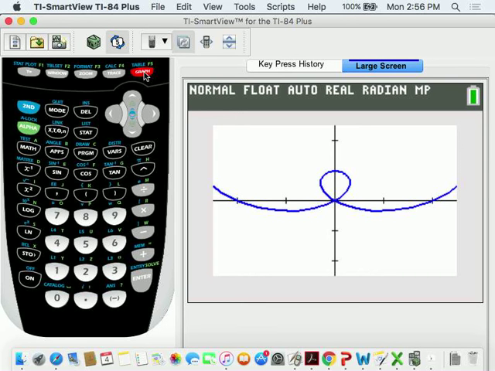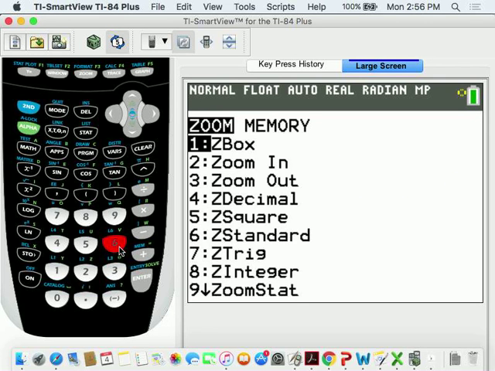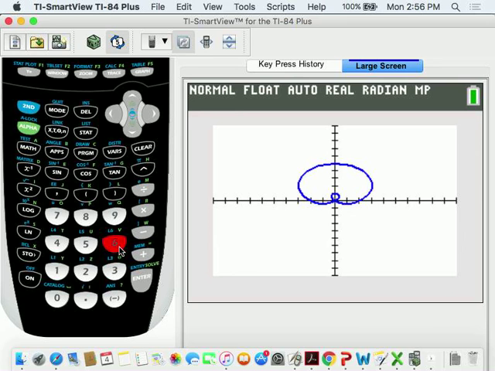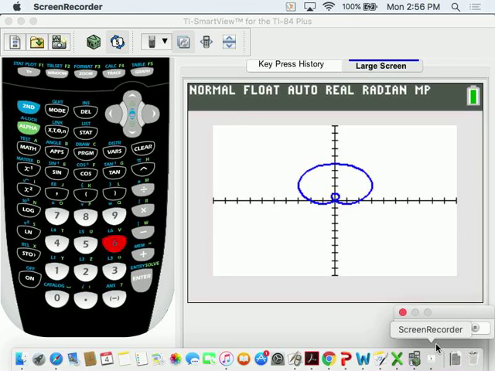So let's go back to our standard window, okay? Press zoom and go to option 6 so you can see the whole picture. So far so good? All right, I'm just trying to show you the difference between the equation and what the graph looks like. I'm expecting you to be able to do this in your calculator and recognize which one is which, okay?